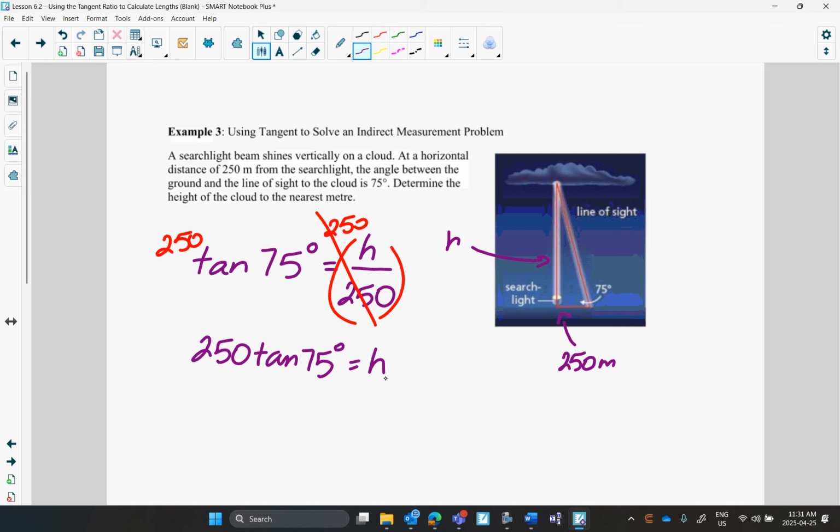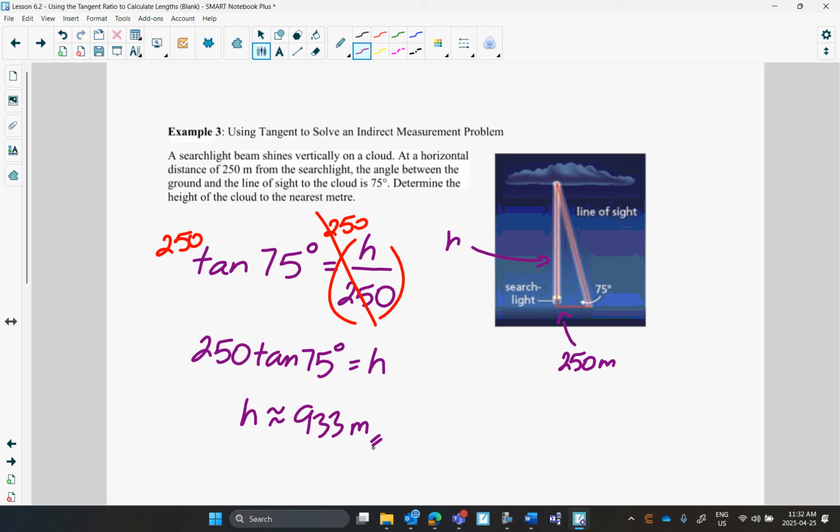It says nearest meter, which is nearest whole number, no decimal places. 933. I heard 9 and then it faded. That's it.